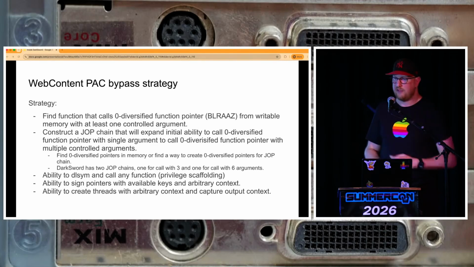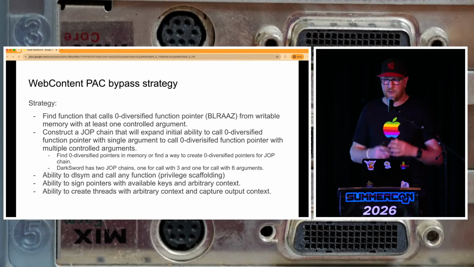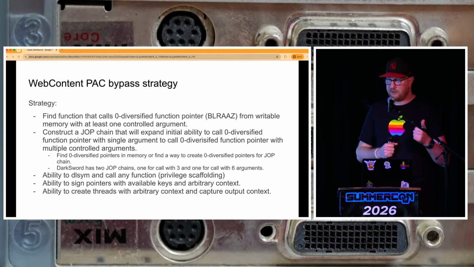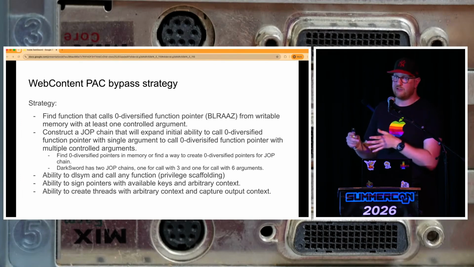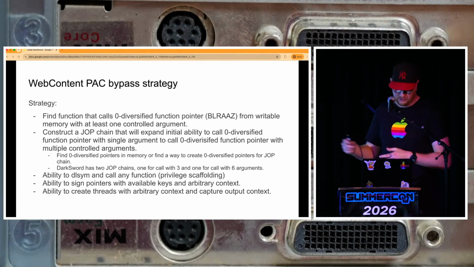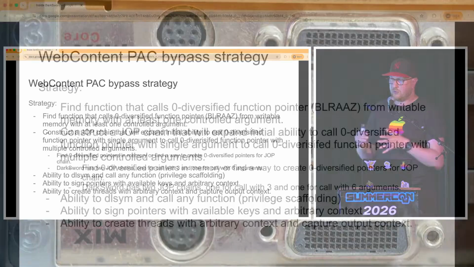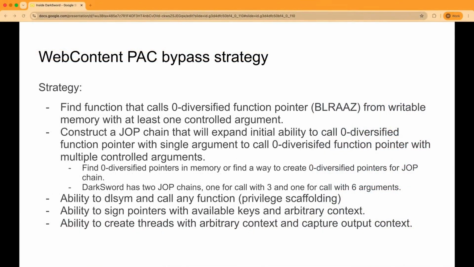So the strategy that the attackers try to do here is, the first thing that we need to find is a zero diversified function pointer that allows, with a BLR AAZ from a writable memory construction, that allows us to call this first function. Then we want to construct a job chain that brings us from one function call with one parameter to an arbitrary function call with 3 parameters and 6 parameters.